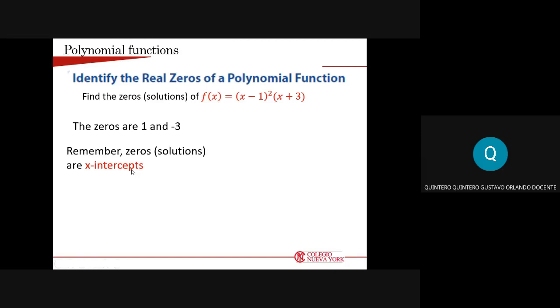No se les vaya a olvidar, por favor. En algunos exámenes aparecerá, encuentre el x-intercept. Y el que no estudió dirá, ay, no sé cómo encontrar el x-intercept, profe, yo solo sé encontrar ceros. Es que es lo mismo, ¿no? Entonces toca acordarse de los nombres, ¿listo? Los nombres son importantes.